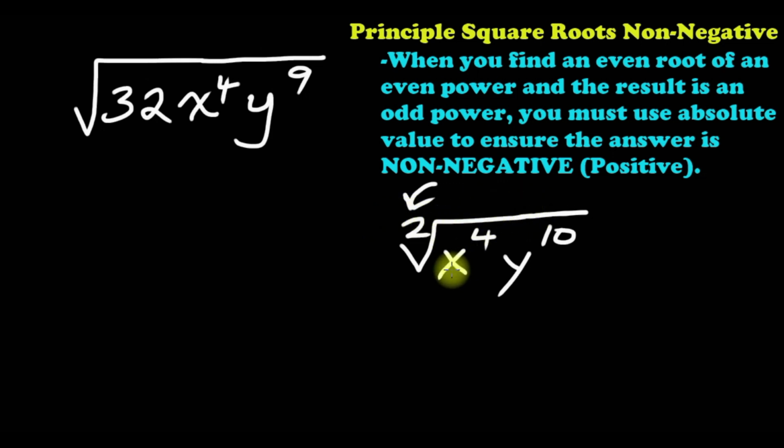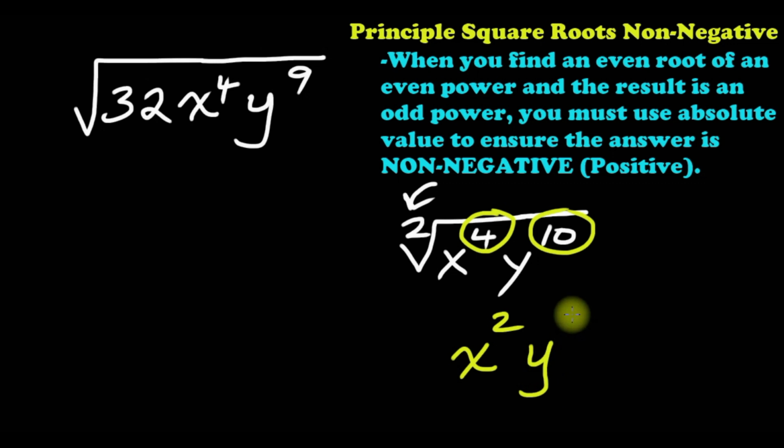And then as you can see, you're taking an even power. 4 is even, and 10 is even. So if you take the square root of x to the 4th, y to the 10th, you're going to get x squared, and then y to the 5th.